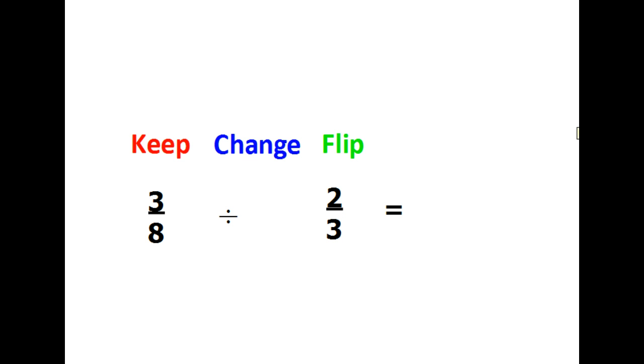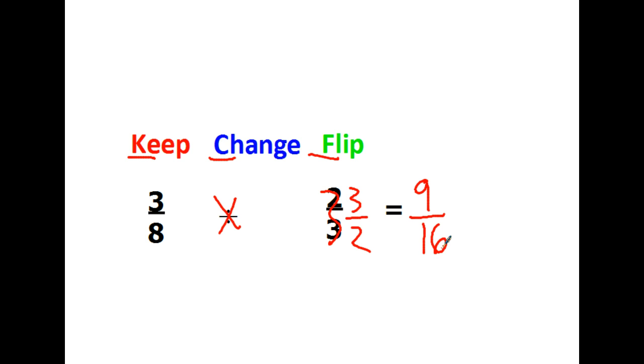3/8 divided by 2/3. I'm saying how many 2/3 are there in 3/8? Which seems kind of interesting because 2/3 is bigger than 3/8. So this answer should come out less than 1. Let's see what happens. Keep, change, flip. Keep the 3/8, change the sign. Flip 2/3 over to 3/2. 3 times 3 is 9. 8 times 2 is 16.